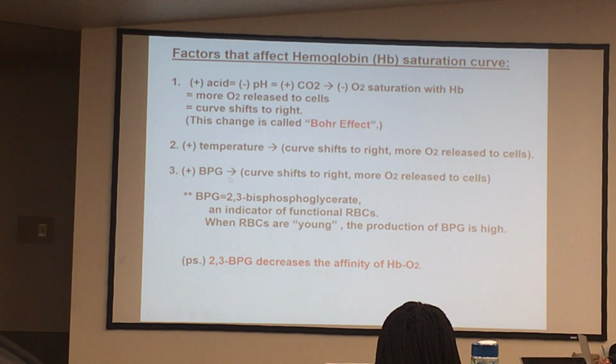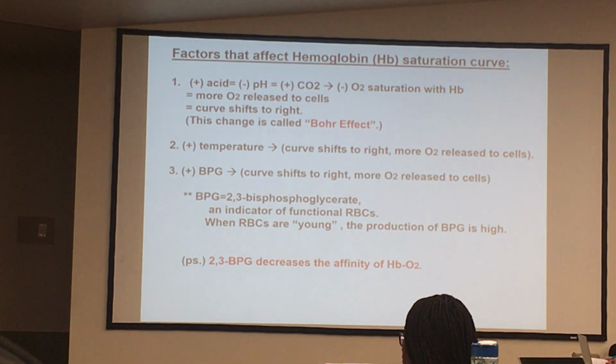It stands for bisphosphoglycerate. When the red blood cell is young, because the lifetime is 120 days, they produce more BPG. If we increase the BPG, the curve shifts to the right and more oxygen is released.